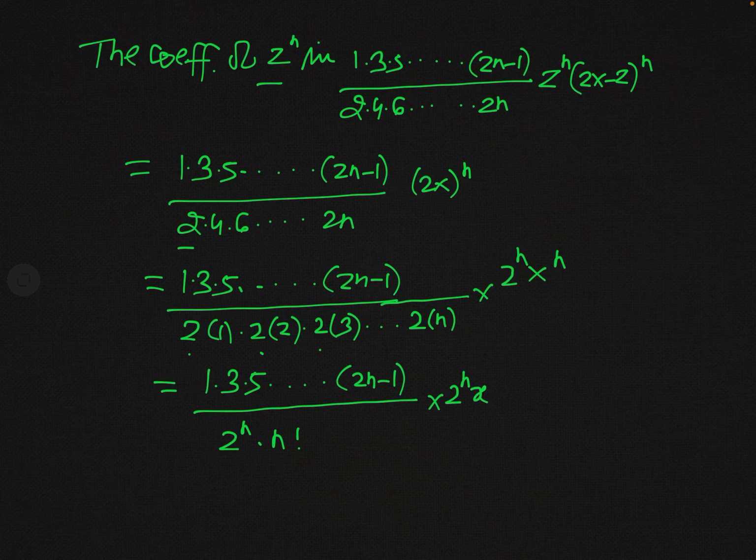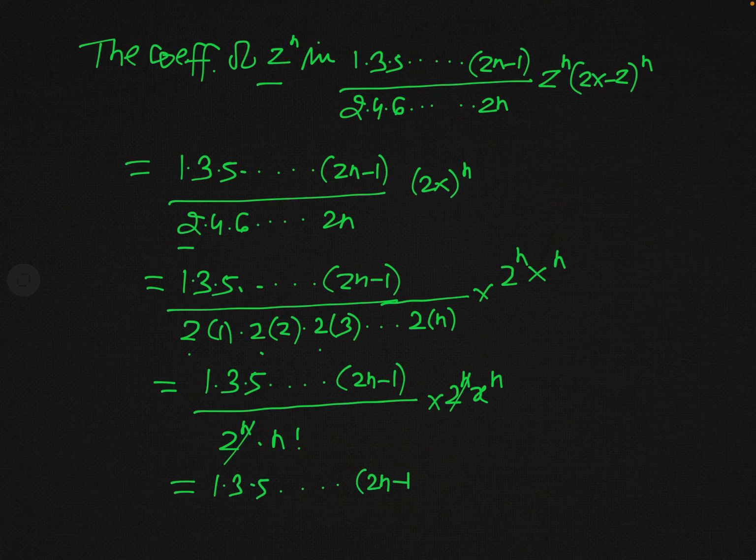You can see, and into 2 to the power n into x to the power n. So now you can see this 2 to the power n in the denominator and 2 to the power n in the numerator, those will cancel out.